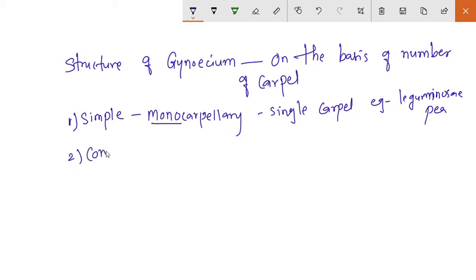The second, that is the compound. Now what will the compound be? More than two, or two or more than two. Okay. More than two, so it is known as the compound, or it is also known as polycarpellary.